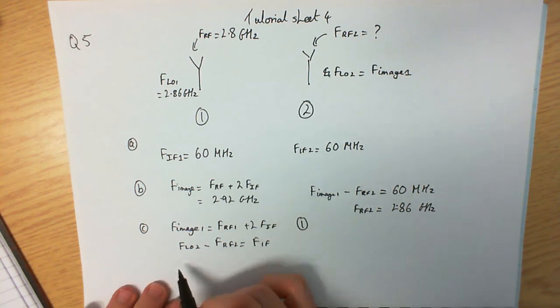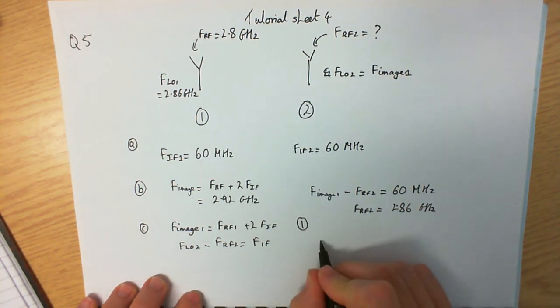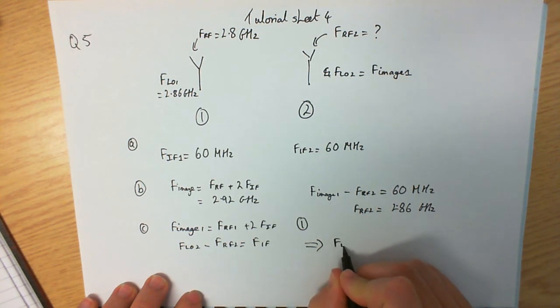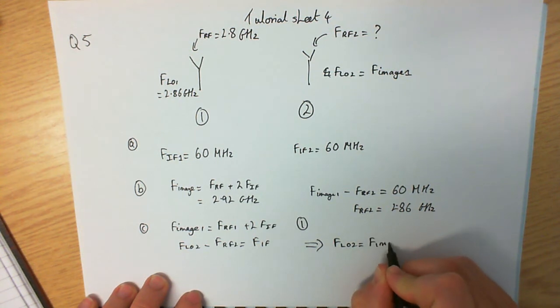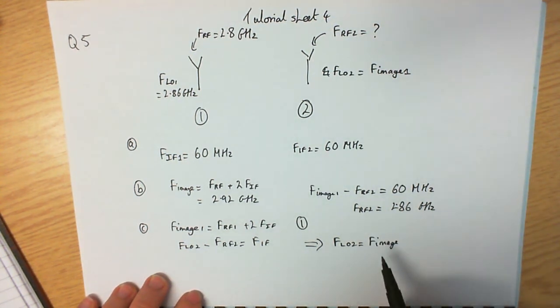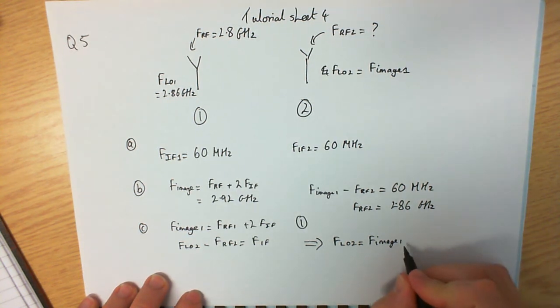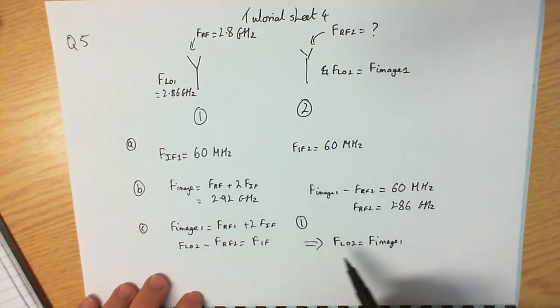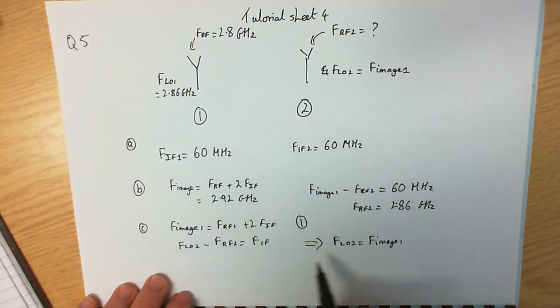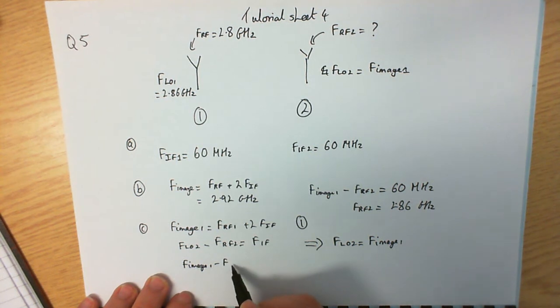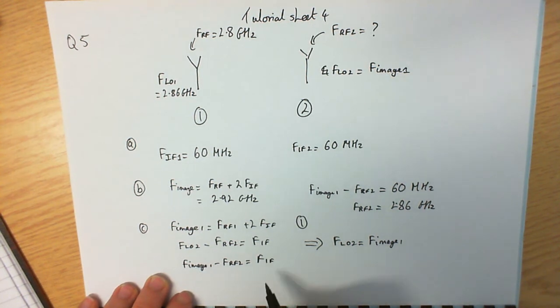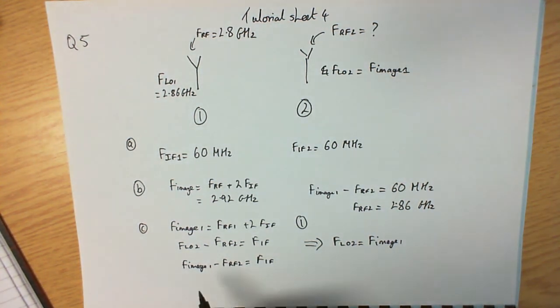So if we rearrange, we've also got that the local oscillator 2 is equal to the image frequency of 1. That's when interference will occur. So we can rewrite this equation as F image 1 minus FRF2 has got to be equal to FIF, just by rearranging this equation.